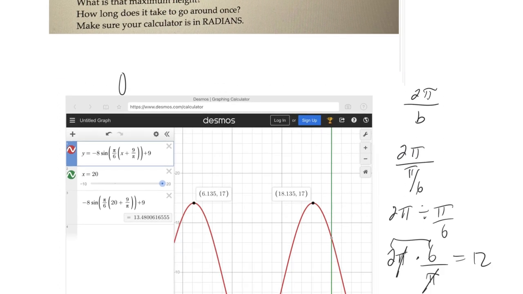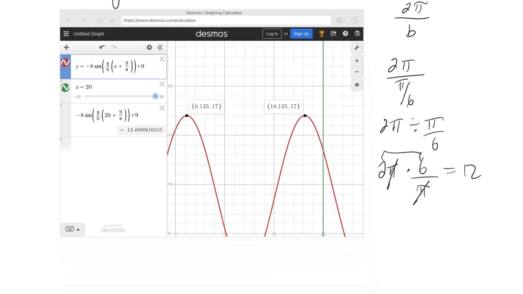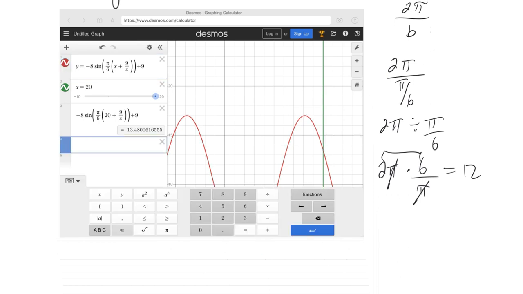Okay, maybe just one other thing with that graph. I graphed x equals 20 to help me determine the time would be 20. Another question you could have asked would be something like, at what time is the height 16 meters?